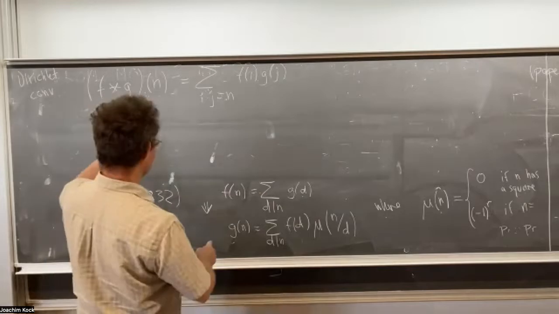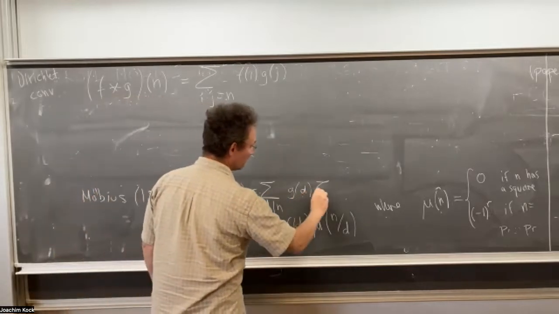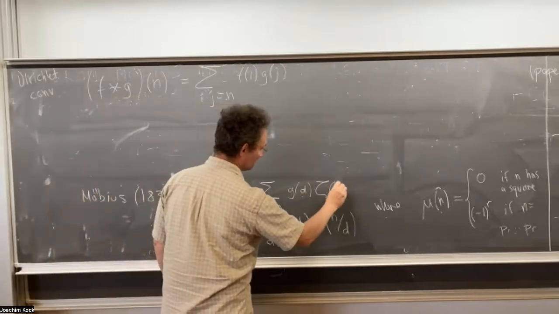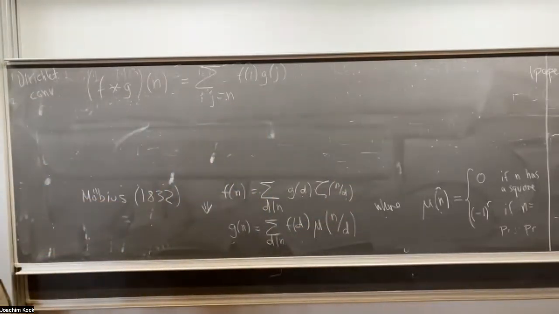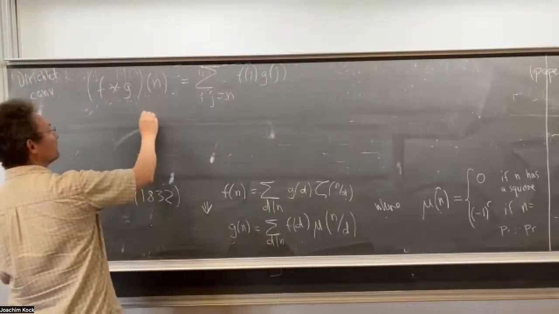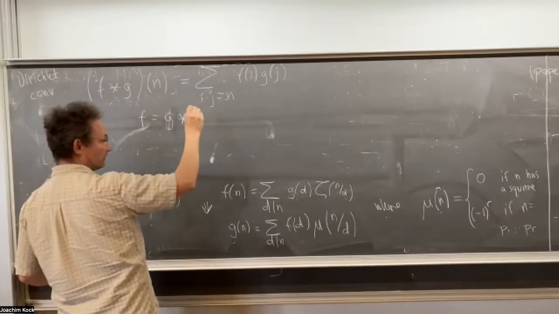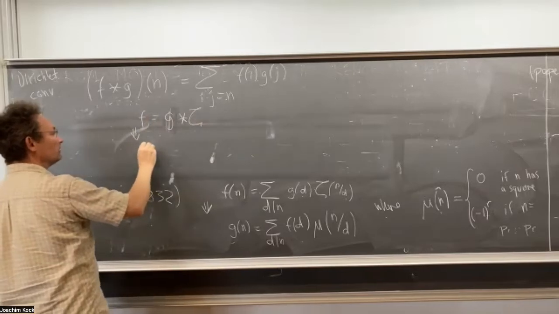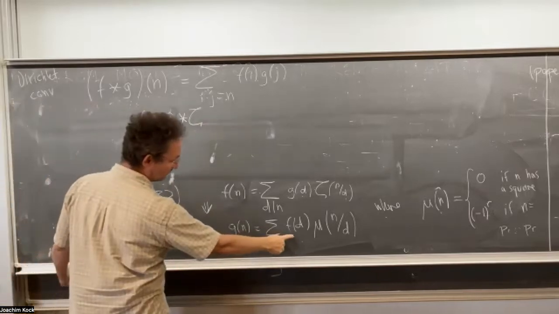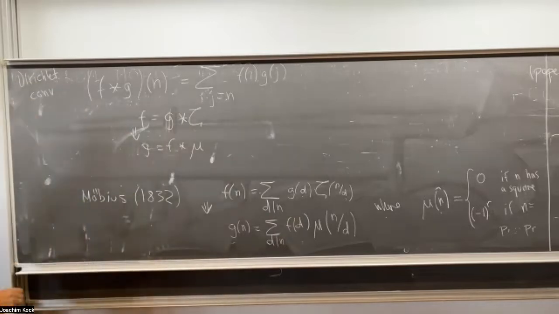Now we can see that what actually is taking place here is that there's an invisible zeta function here. So what it really says is that if f is equal to g convolved with zeta, then g is equal to f convolved with the Möbius function.